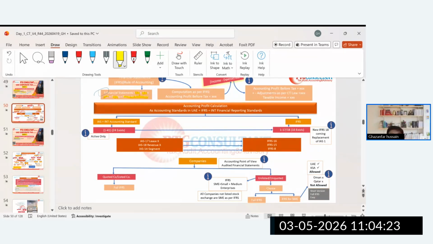One more that we also mentioned is other comprehensive income. As a standard it is normally 6 statements, but practically, in the financial statements, the income statement and other comprehensive income are added together in one sheet. Actually it is 6, but they are merged together, so normally we see only 5. Even if we do not notice, there are 2: they write the income statement together with other comprehensive income in the same line.